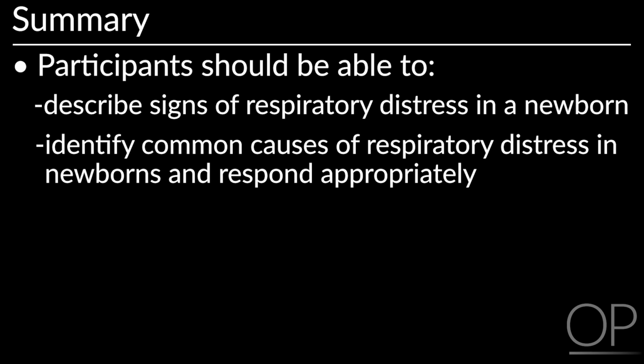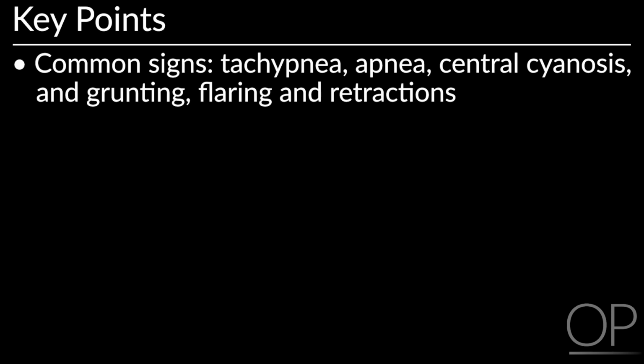The following is an outline of the key points from this chapter: tachypnea, apnea, central cyanosis, and grunting, flaring, or retraction are the common signs of respiratory distress in newborns.